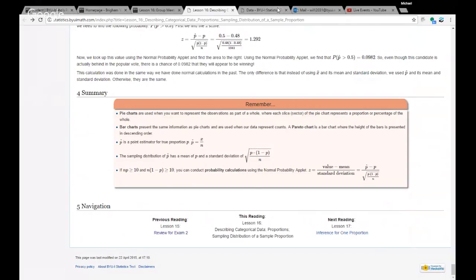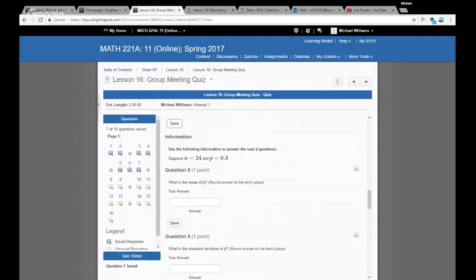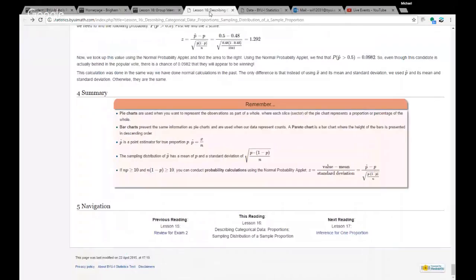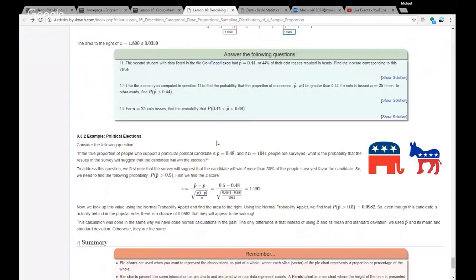So that should be 0.4 times 24, I think. Because in this case p is the x, the number of individuals in the sample. Am I right? Because we're trying to solve for the mean of p hat.